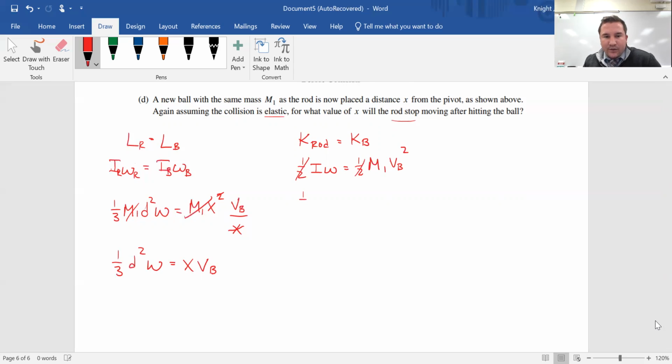I is 1/3 M1 D squared. This omega should be squared. Omega squared equals M1 VB squared. M1s will cancel with M1s, and we get 1/3 D squared omega squared is equal to VB squared.